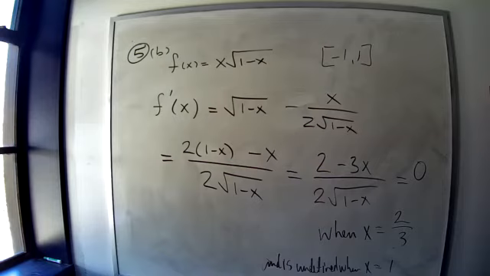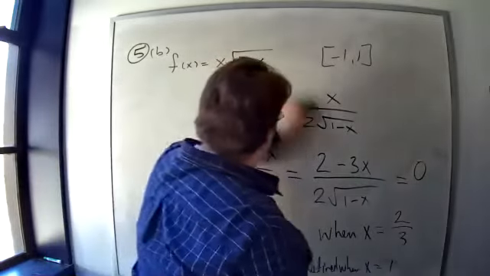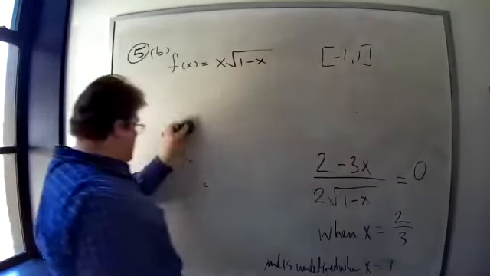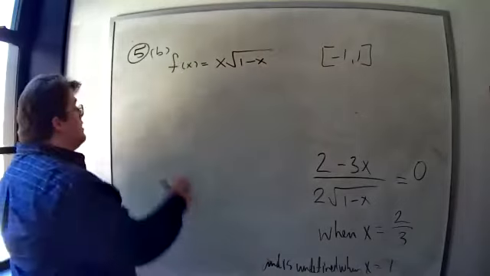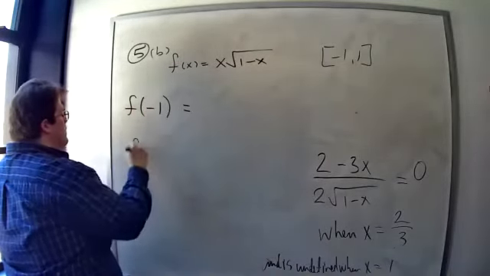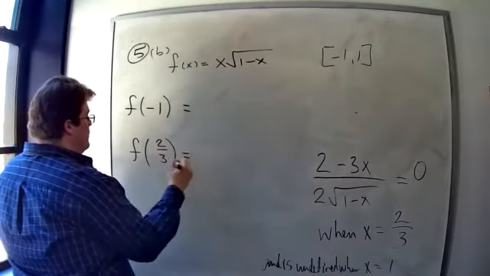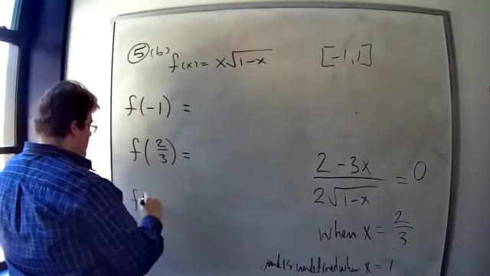So right now, we've found all of the values we need to consider, and we just have to consider the function at them now. And pick out the largest and pick out the smallest. So our endpoints are -1 and 1, and we need also 2/3. Because 2/3 is within that interval.